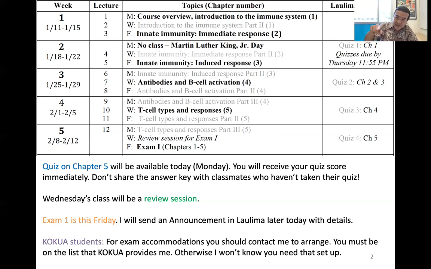But within that time, you have to make sure to click start. At the moment you click start, you have 50 minutes. That means you can log on and start as late as 12:40, and you'd still have 50 minutes before you get to 1:30 and the exam closes.